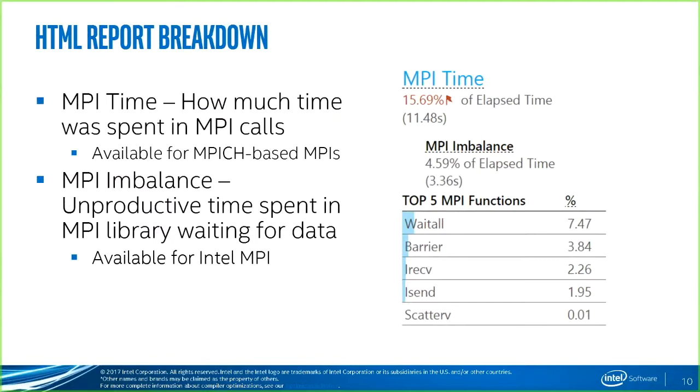But this metric is right now available only for Intel MPI, so for Cray MPI you will have 0 or NA, something like that, because right now it's a proprietary implementation of Intel MPI. We also show the top 5 MPI functions, like how they contribute to MPI time.